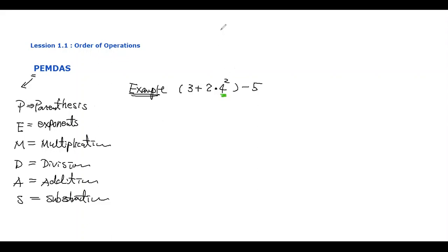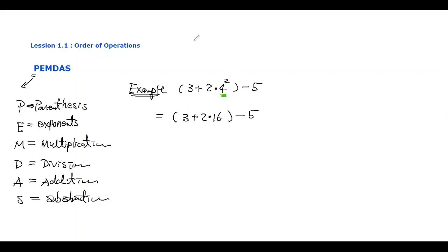So I'm doing the parentheses, so this will be 3 plus 2 times, and 4 squared is 16, then minus 5.